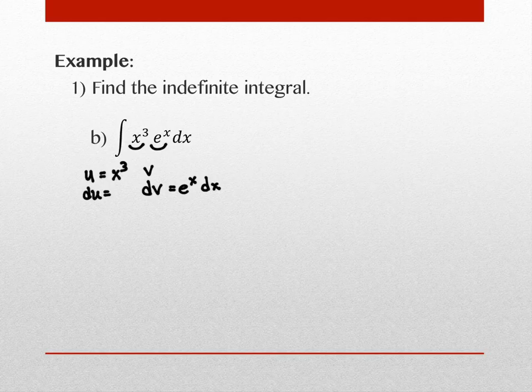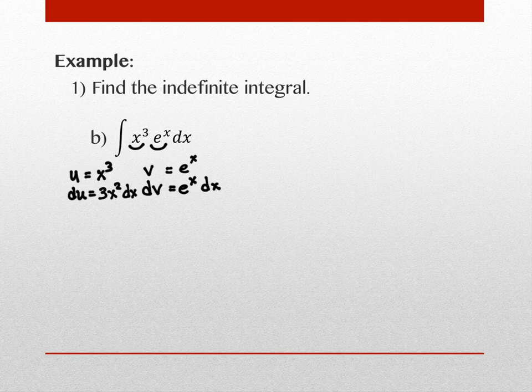Now what is the derivative of x cubed? Come on, guys. 3x squared. Thank you so much. 3x squared dx, right? Okay, what's the antiderivative of e to the x? E to the x. We like that one. That one's great. Now take a look at what happens when I rewrite this.